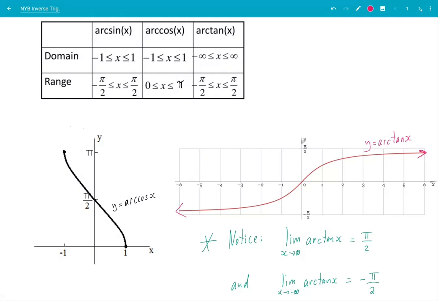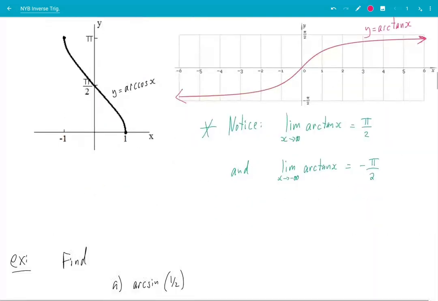These will be important limits. They seem to come up a lot in this course. Of the three graphs, arctan is probably the most important for this class. We don't really use the graph of arc cos or arc sine.